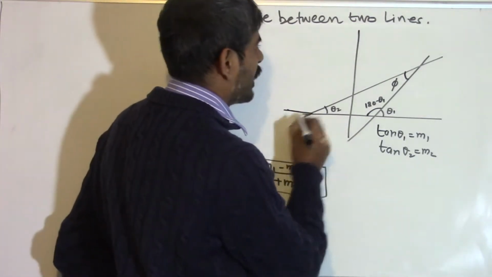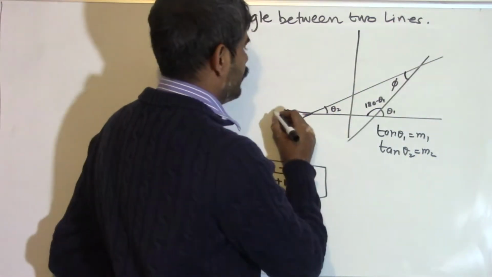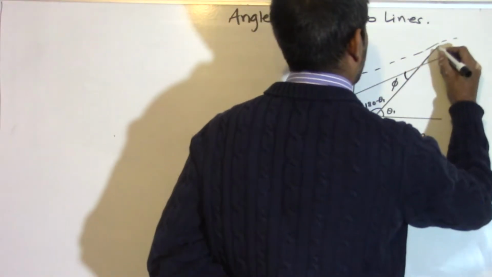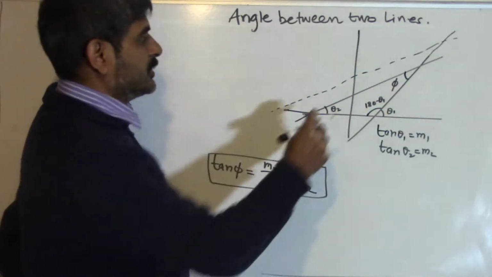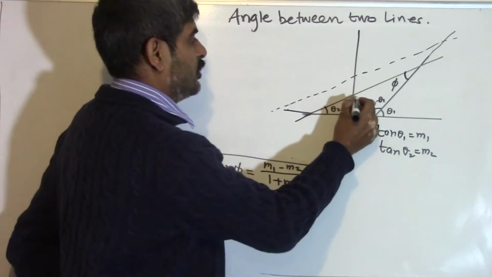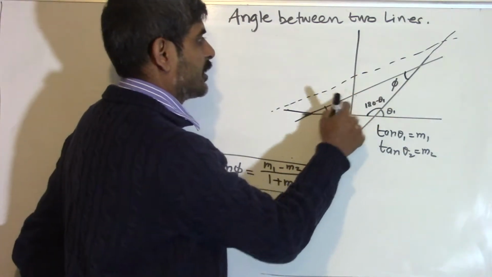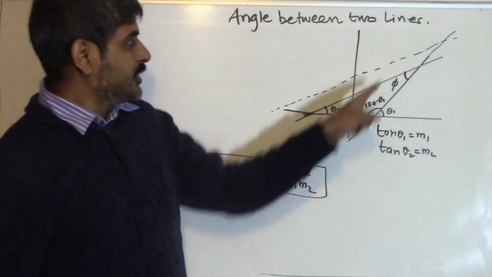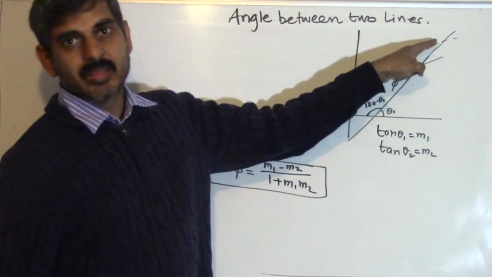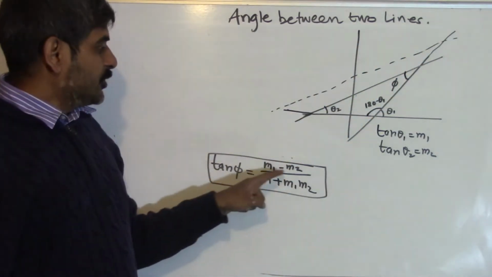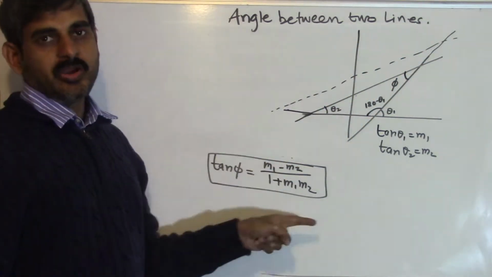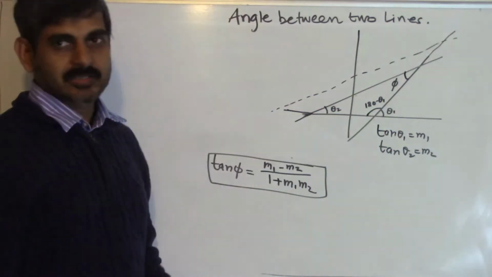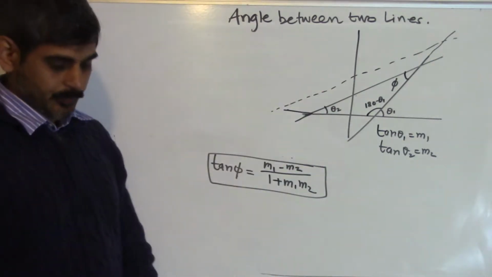If I draw a line parallel to this making the same theta 2 angle, then the intercept changes from c2 to c2 dash, but it's still making theta 2 angle, and this angle phi still remains the same. So the angle between two lines depends only upon the gradient of these two lines, the angle that it makes with the x-axis, and not upon the intercept.